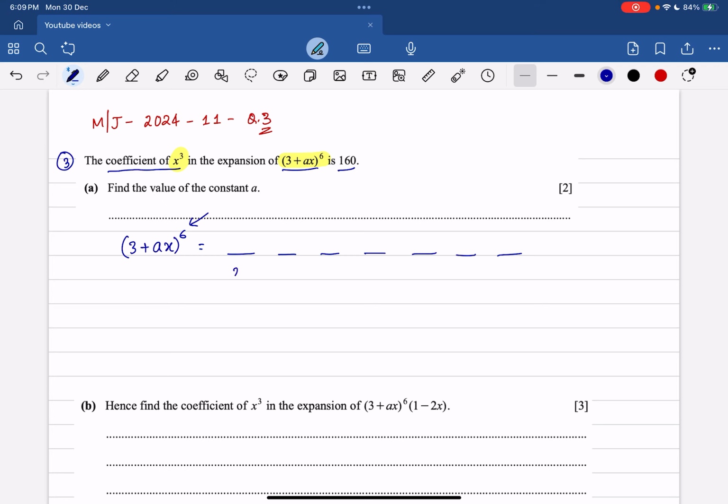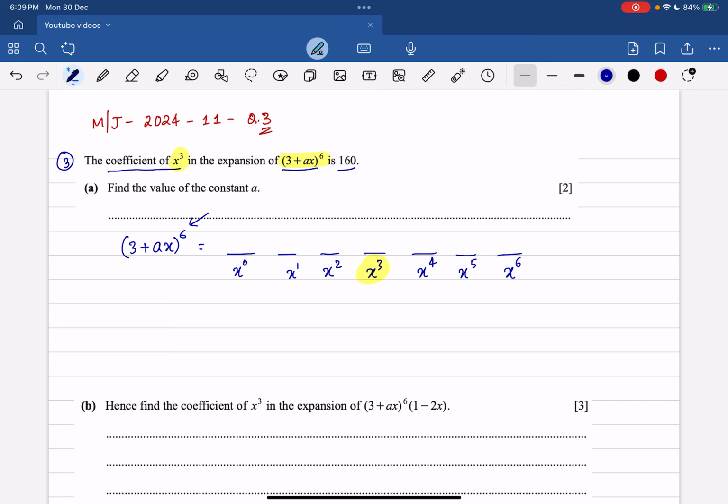Over here the power of x is going to be 0, 1, 2 and 3. Okay, I'll write the other ones also. Yes, that is going to be x raised to 6 over here. Fine. Now what we are more interested in is x raised to 3.